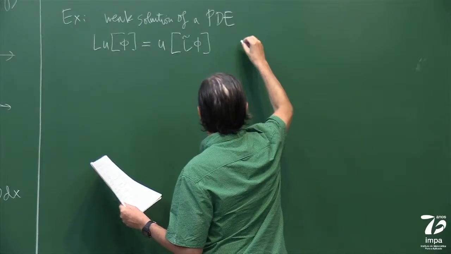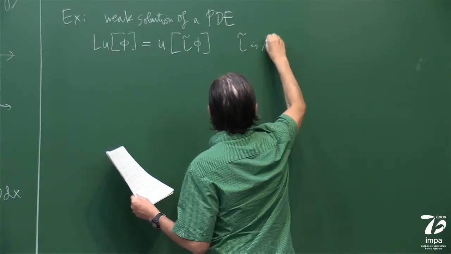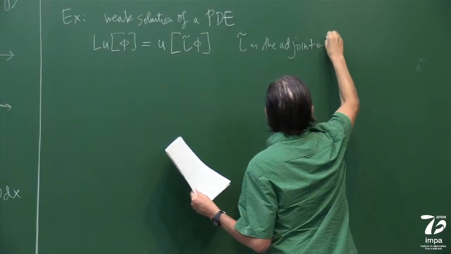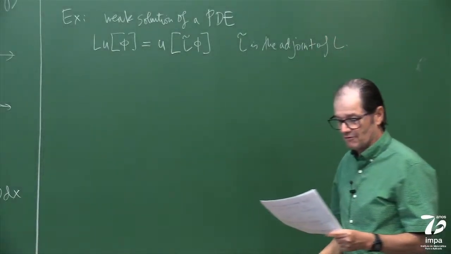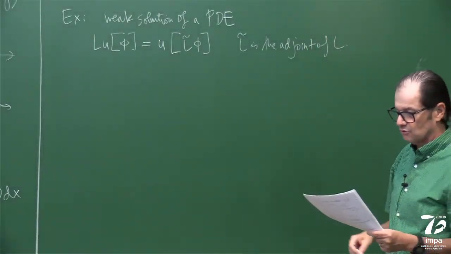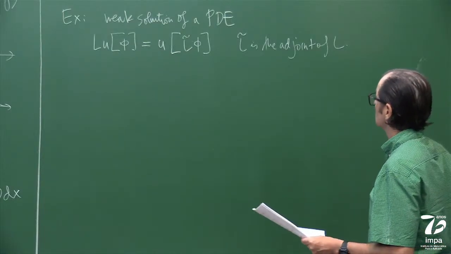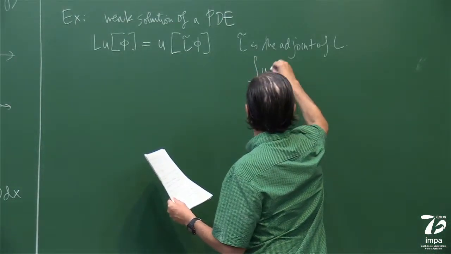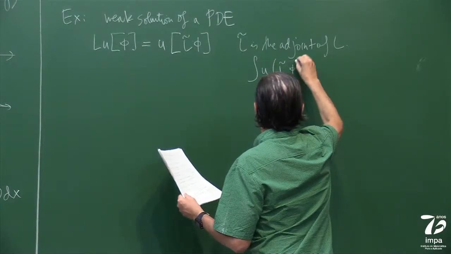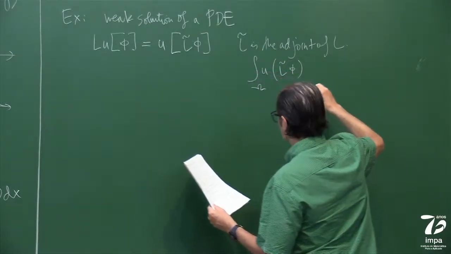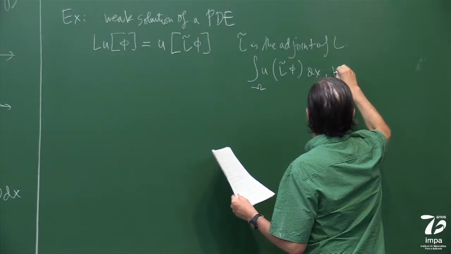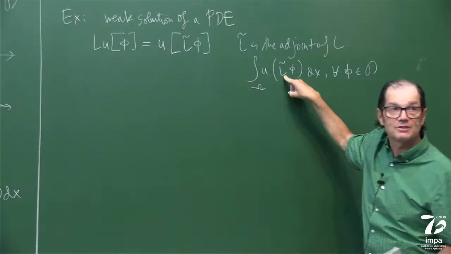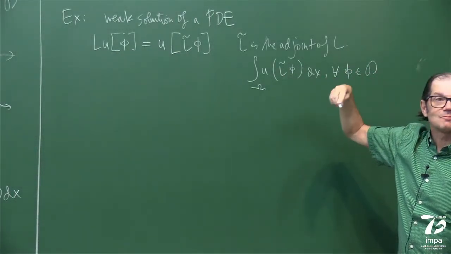where L* is the adjoint of L. That is, doing all the integration by parts, or in other words, writing this, for all phi, where we obtain this from integration by parts.